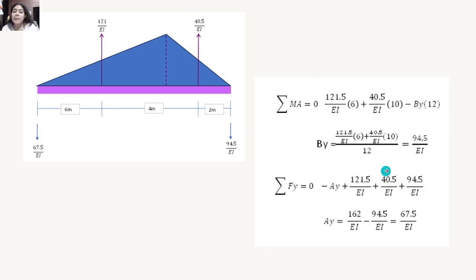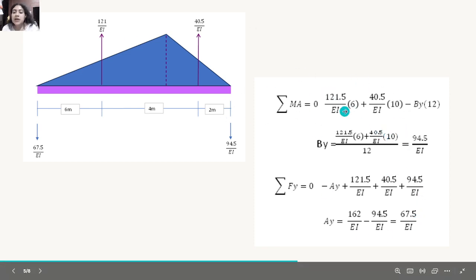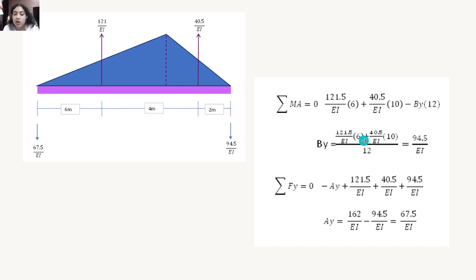And then multiply by 6, plus 40.5 divided by EI, the elastic modulus, and multiply by 10.